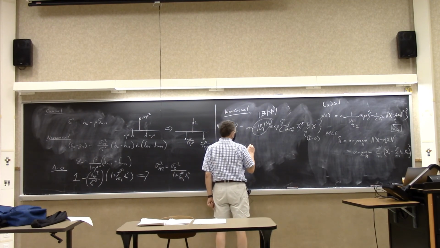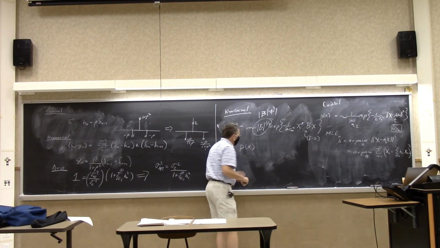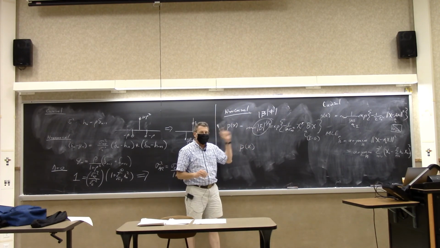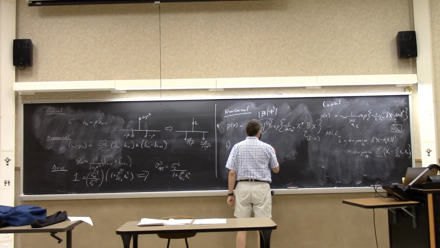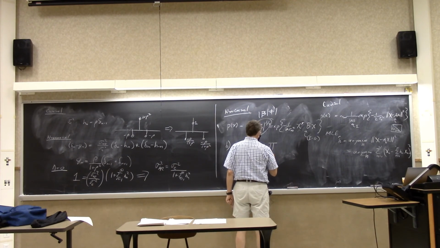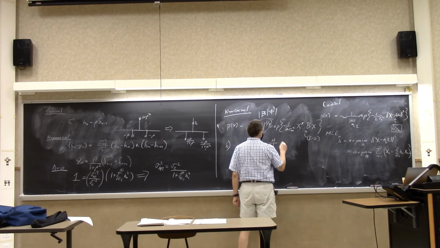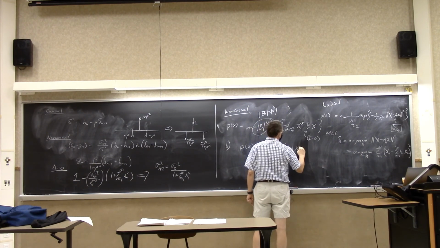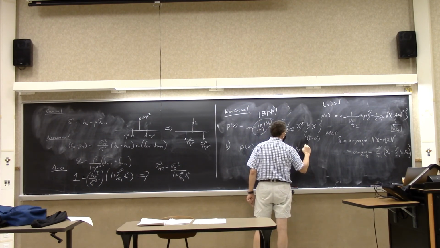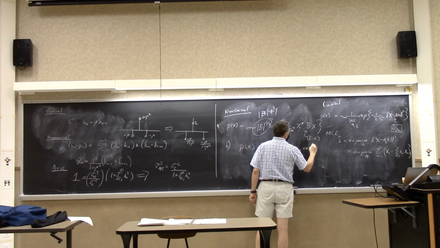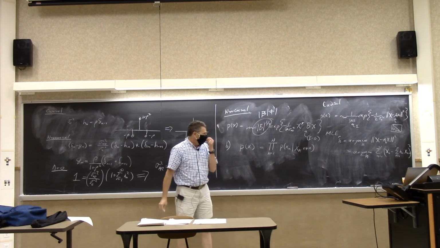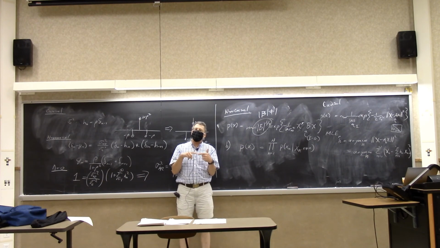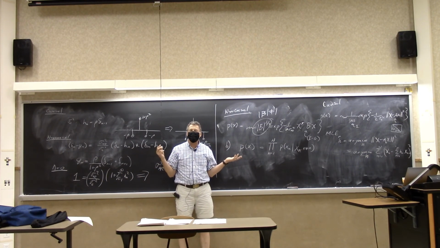They'd say the probability distribution of x is equal to the product from n equals 1 to N of the conditional probability of x_n given x_k for k not equal to n. In other words, they'd look at the conditional probability of a pixel given all the other pixels, and take the product of all those conditional probabilities. And that's sort of like the probability distribution.